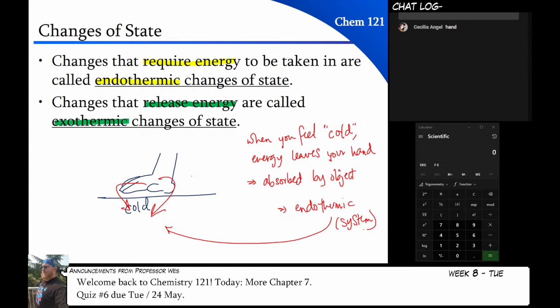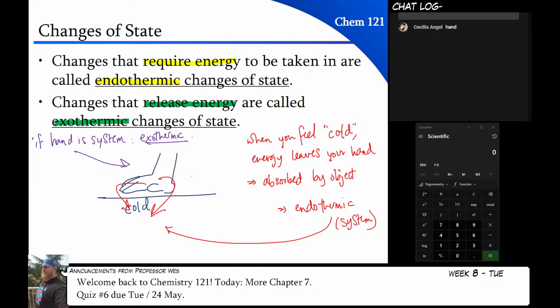Now, these are, again, relative to what you define as the system. If we defined, in this example right here as shown, the hand as the system, then what process is this? Well, the energy is leaving the hand. And so we would actually define it as exothermic.